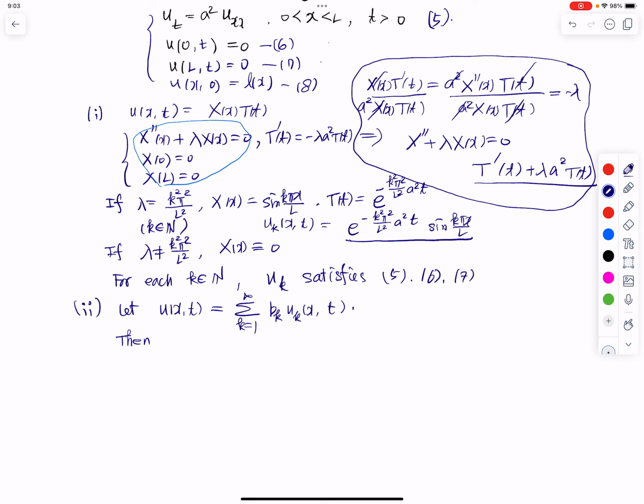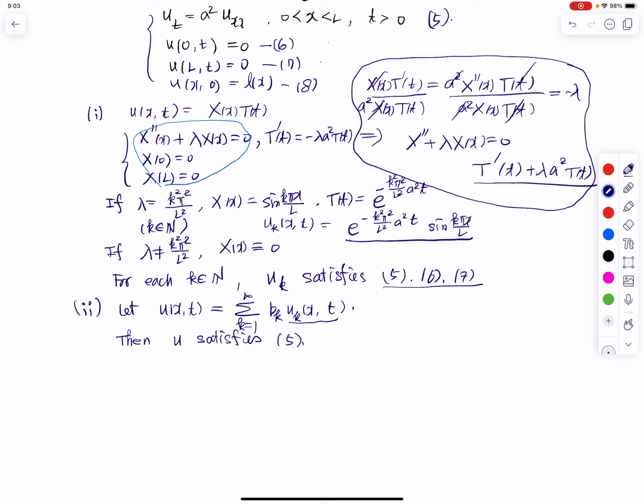So in this case you have to find bk and then take a limit, and then you need to prove some uniform convergence or some other things. Then we assume that we know that uk satisfies 5, 6, 7. Then we assume that u satisfies 5, 6, 7.